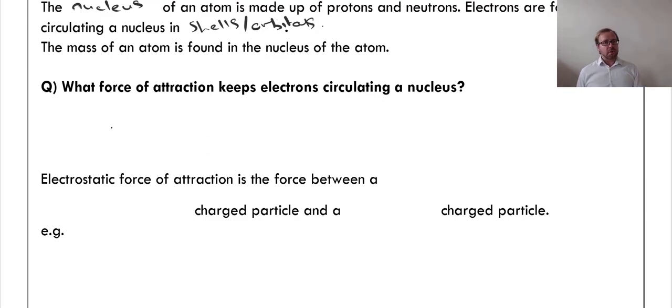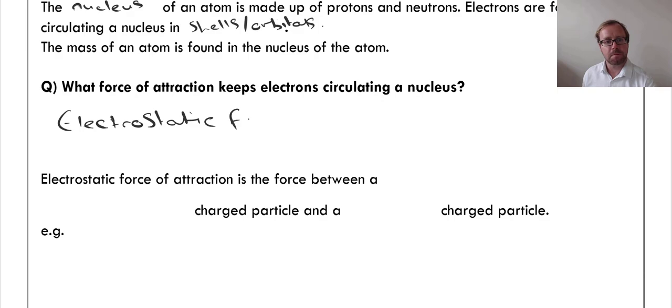So we've got these electrons which circle around the nucleus of this atom, or moving around it. But why don't they just fly off? There must be some force of attraction, and we call this force of attraction, which keeps electrons circulating the nucleus, the electrostatic force of attraction.